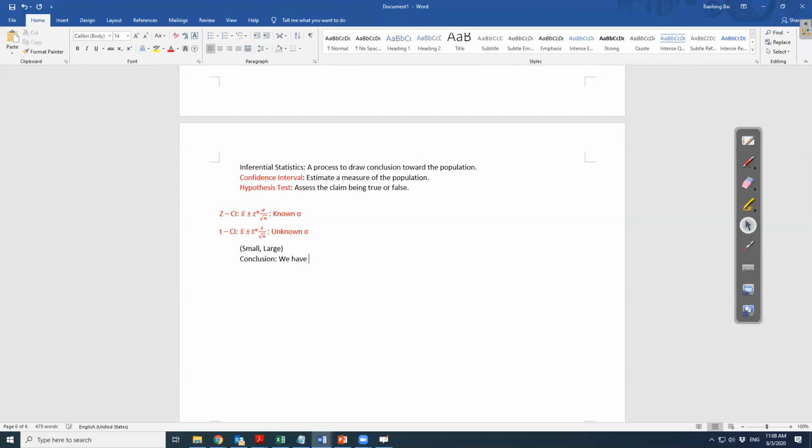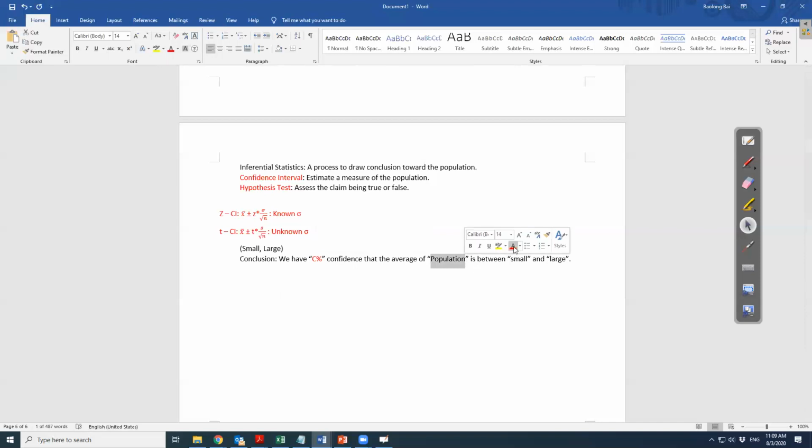So we have C% confidence that the average, whatever measure you're interested in of the population is between the small number and the large number. And that's it. You just need to change these placeholder codes into the context words.